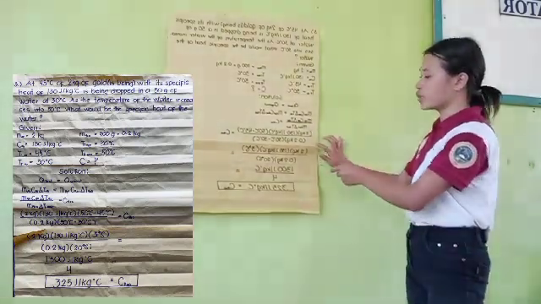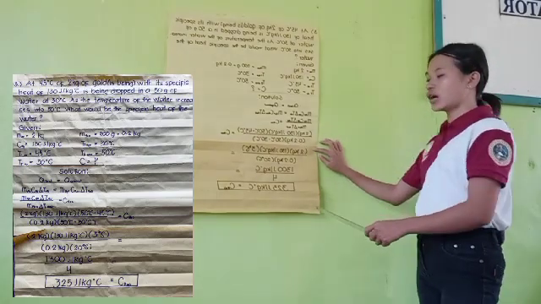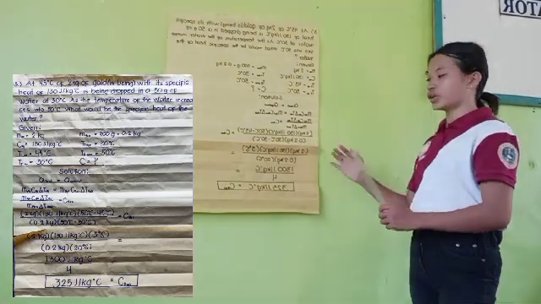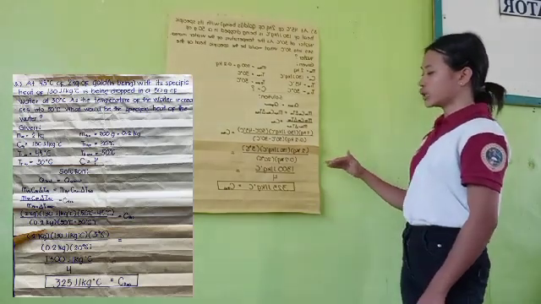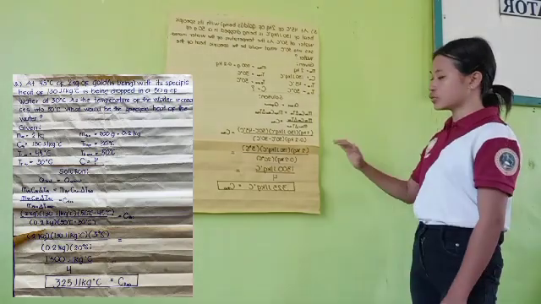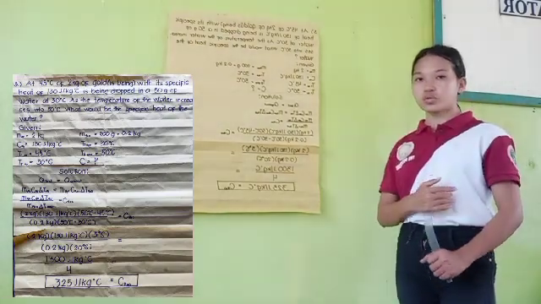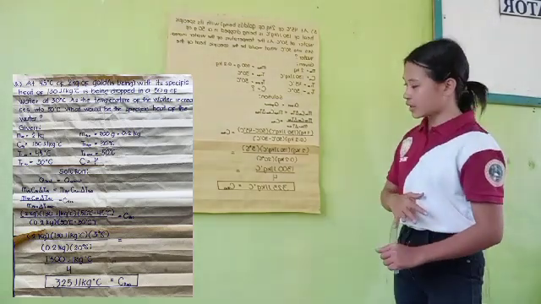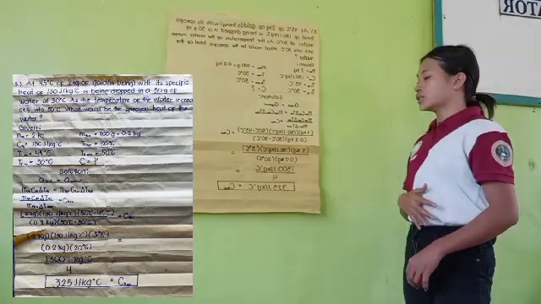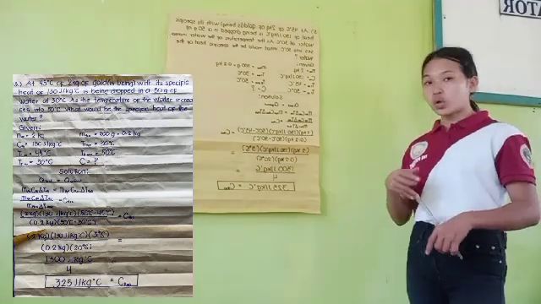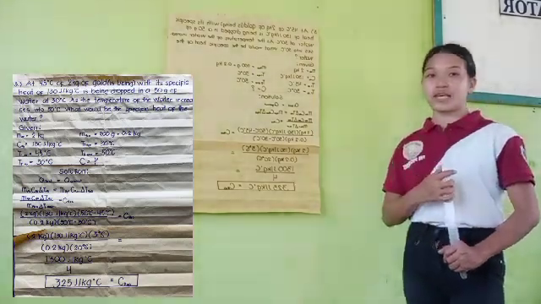So 2 times 130 times 5 degrees Celsius is equal to 1,300 joules per kilogram degree Celsius, over 0.2 kilograms times 20 degrees Celsius, which is equal to 4. So 1,300 joules per kilogram degree Celsius divided by 4 is equal to 325 joules per kilogram degree Celsius, which is the specific heat of the water.